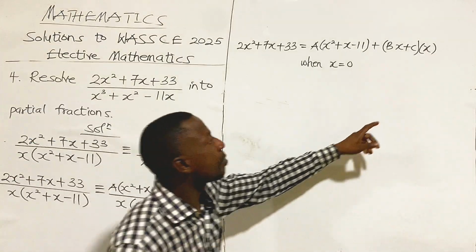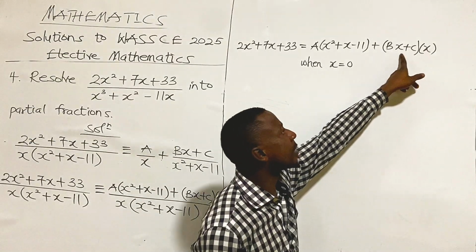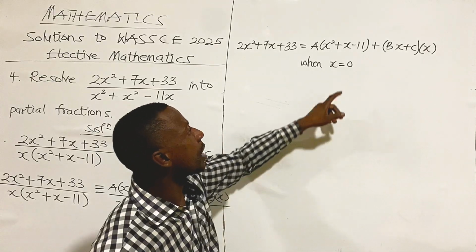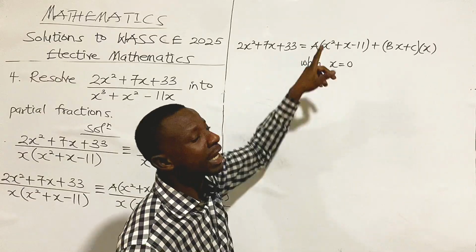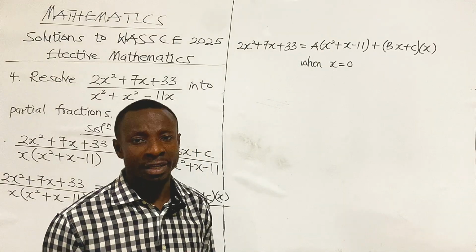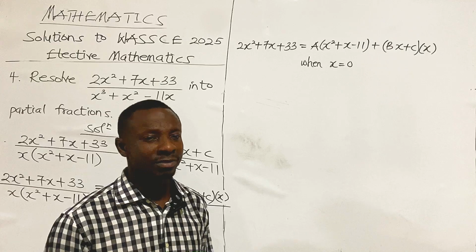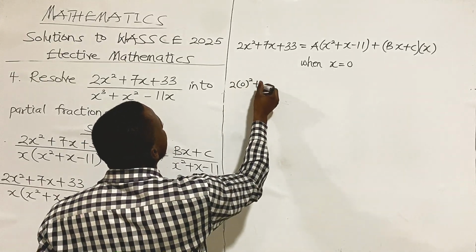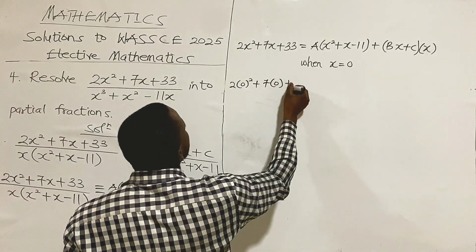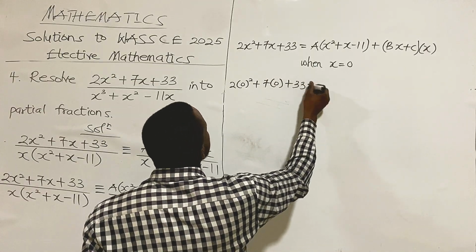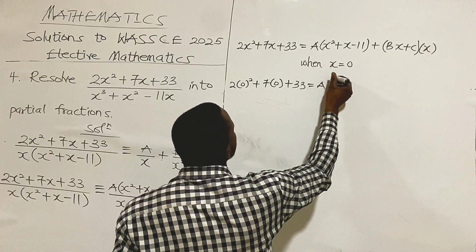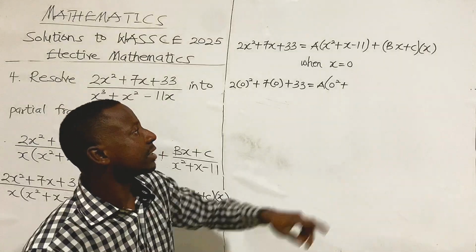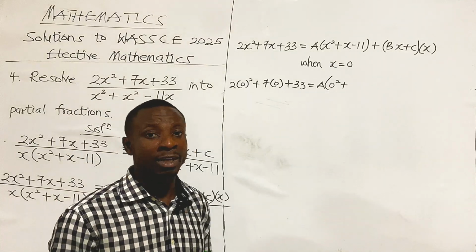We could see that when I put 0 here, the 0 will multiply everything and b and c will be eliminated. And again, when I put 0 here and I put 0 here, I can easily get the value of a after making substitution. So we have 2 into bracket 0 squared plus 7 multiplying 0 plus 33 is equal to A into bracket 0 squared plus, we could see that there is x and the value of x is now 0.